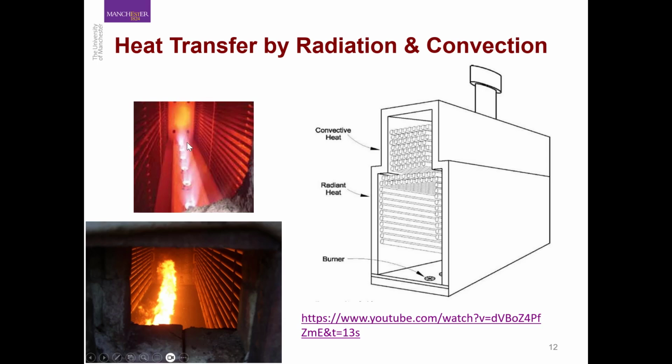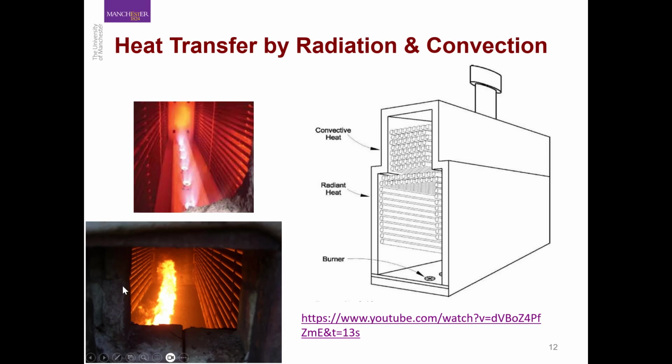Okay, and this is how they look in operation. As you can see, all these burners are providing flame, and these are the tubes, and these tubes are being heated mostly by radiation, and then you have the convective section on top of this.